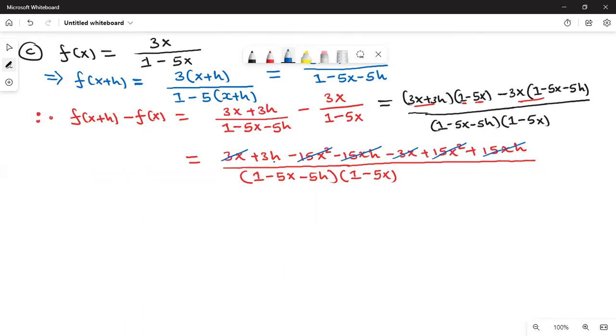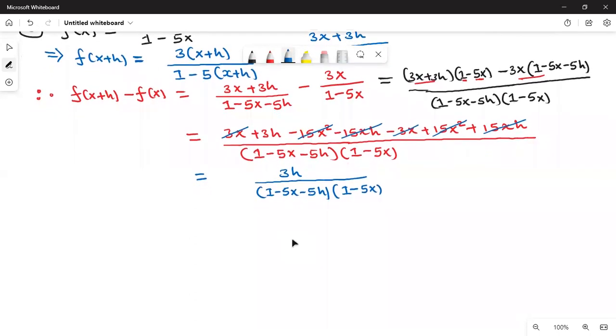So what we remain with in the numerator is just 3h, divided by (1 minus 5x minus 5h) times (1 minus 5x). That's what we remain with after having simplified that function.